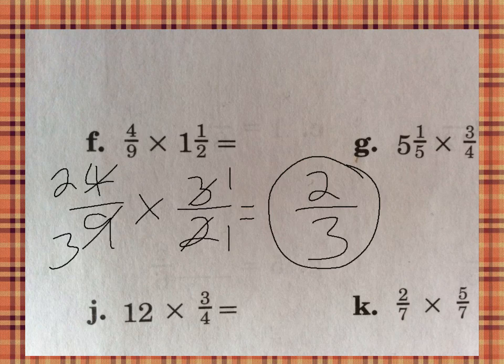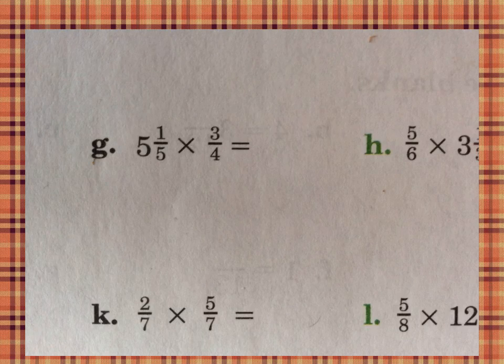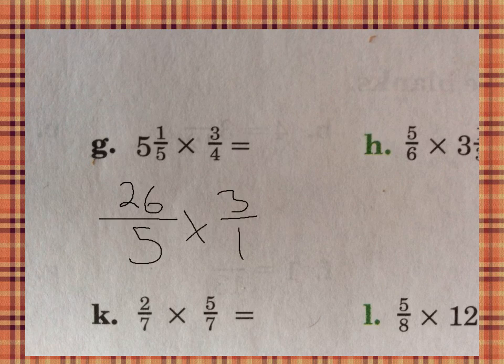G. Let's take our 5 and 1/5 and make it improper. 5 times 5 is 25 plus 1 more, 26. Over, we'll bring our 5 down, times 3/4. 26 times 3.